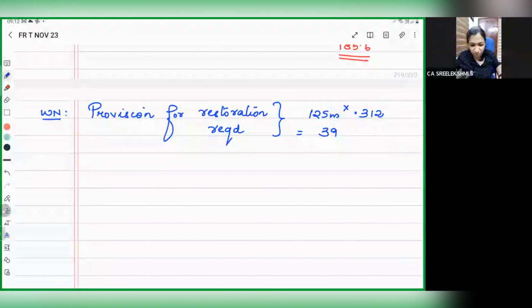Yes or no? Provision for restoration required was 39 million. Have you all done? 39 അല്ലേ ഞങ്ങൾക്ക് provision ആയി? അതെ, okay. Provision for restoration required 39.